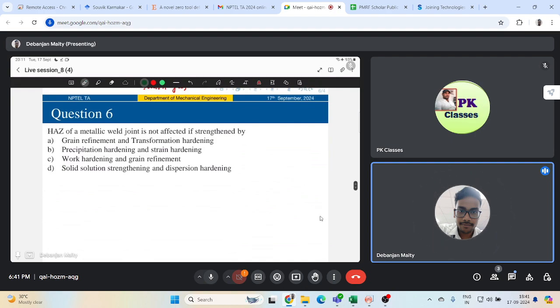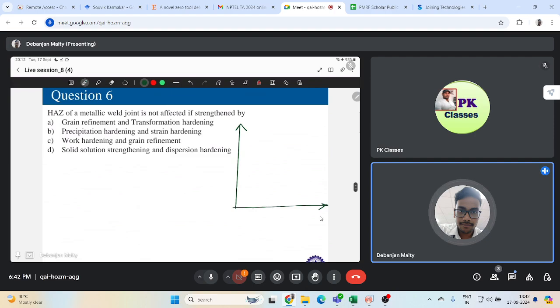In terms of a graph, since a graph is more visually attractive, let's say my x-axis is the difference in solubility of gases in liquid and solid state.